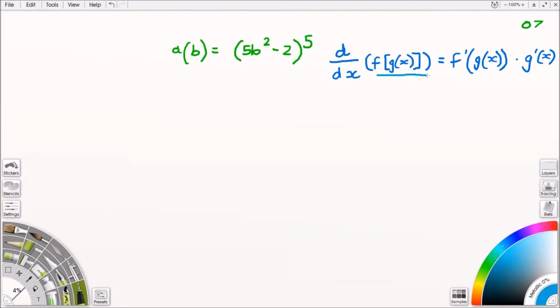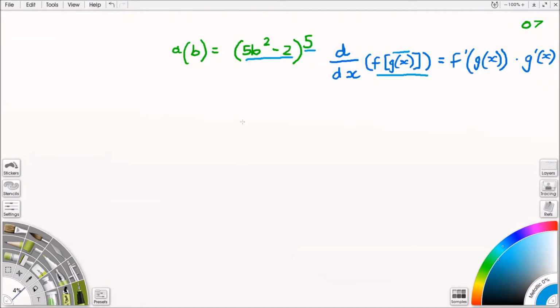We use it when we have an outside function that encapsulates an inside function. In this case, we have this inside function here, and it's completely enclosed within this outside function.